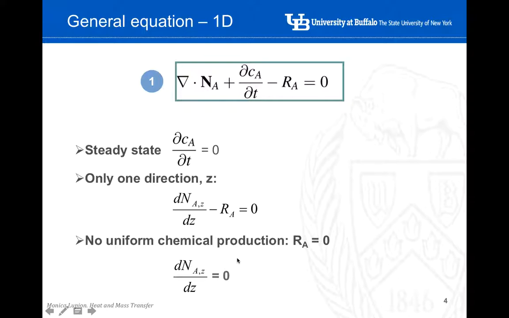And then we will also see the first of our cases when there is no chemical production, or the same, that the term R_A is equal to 0. If we apply these three conditions to the general equation of mass transfer, this equation here is converted to d molar flux of A over d zeta is equal to 0.